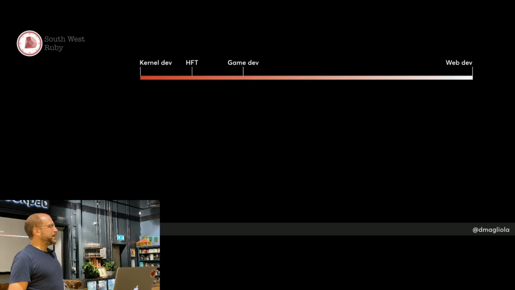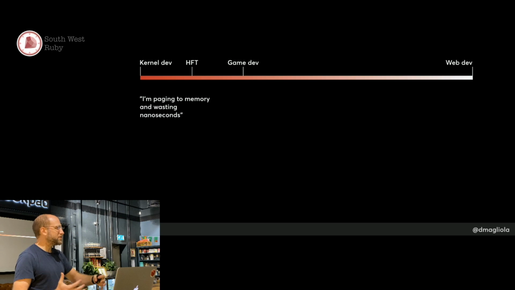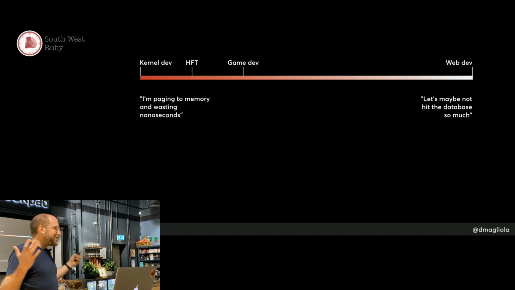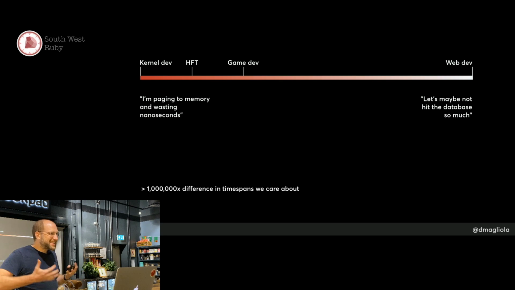So the point I'm trying to make here is that what's fast and what's slow is really, really very relative. I mean, you have some people over here that are trying to get the memory to be in big chunks all together, so the CPU caches are full and they shave some nanoseconds. Where I'm over here in milliseconds land, try to maybe not hit the database too much. Like the difference in scale is insane. And so this is something really important to keep in mind when you're talking about performance.